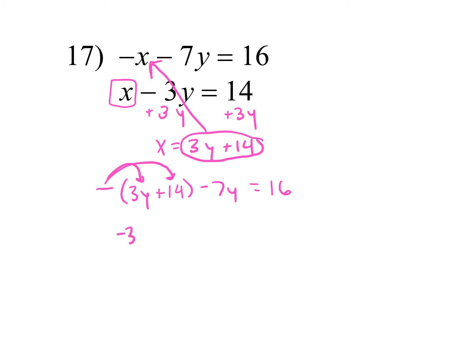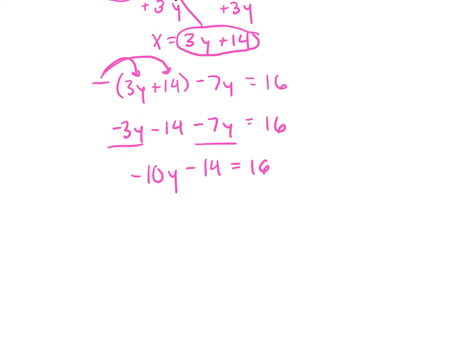So I have negative 3y minus 14 minus 7y is equal to 16. Now what should I do? Combine like terms. So what's negative 3y minus 7y? Negative 10y minus 14 equals 16.